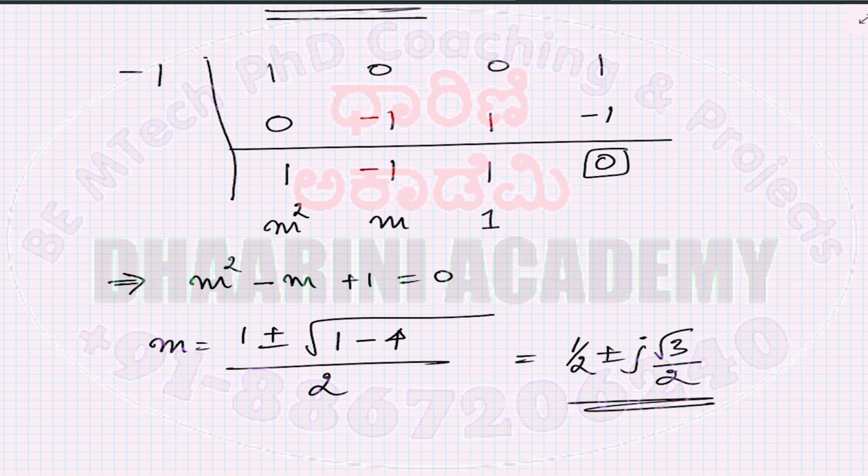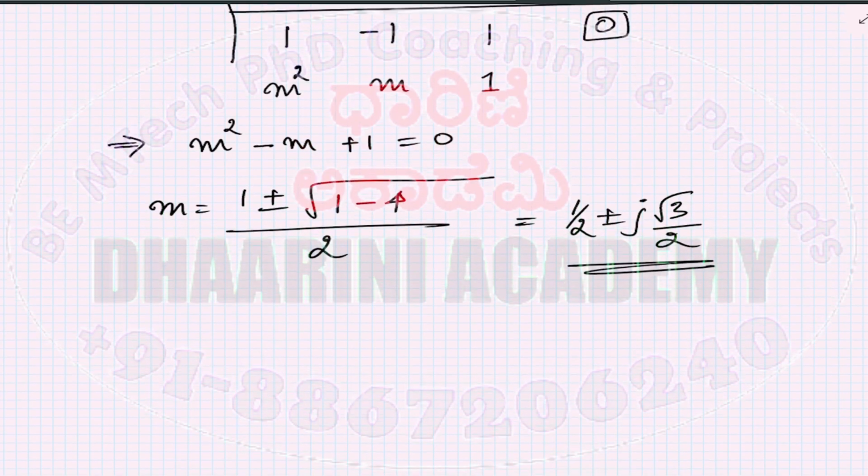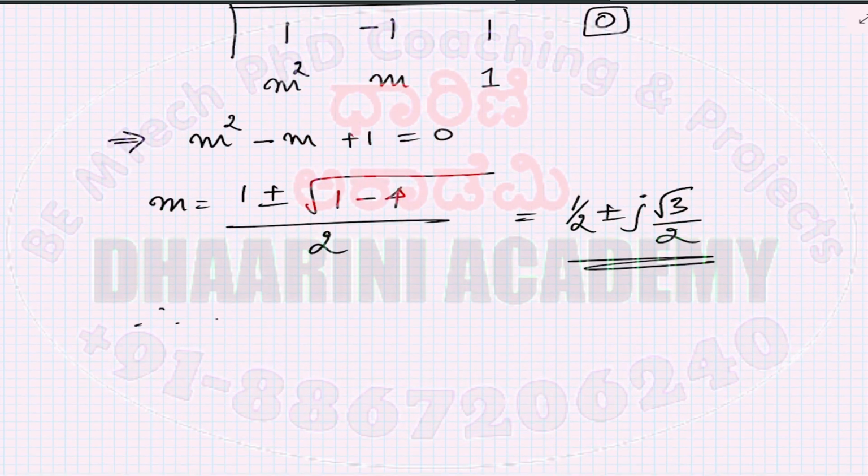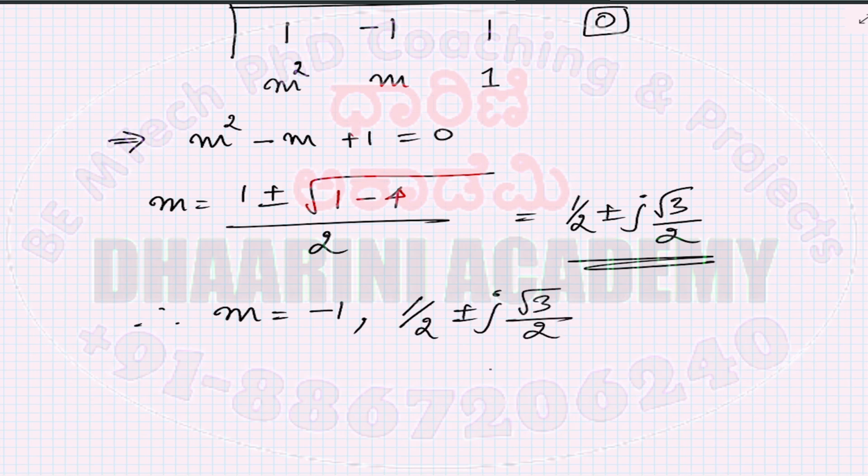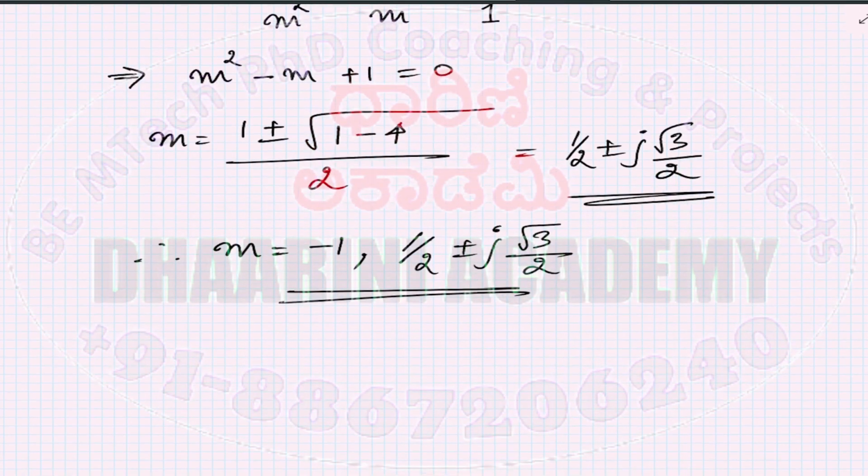So roots are complex conjugates. So now we see we have three roots. Therefore, the three roots are m is equal to, first root is minus 1, and second and third roots are 1 by 2 plus or minus j times root 3 by 2. So we have three roots of these types.